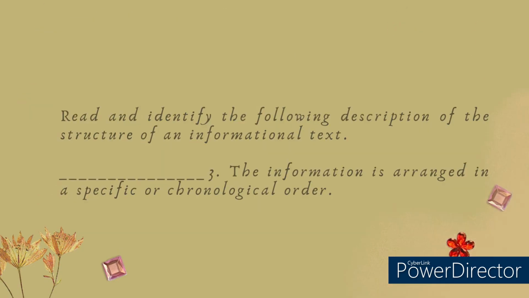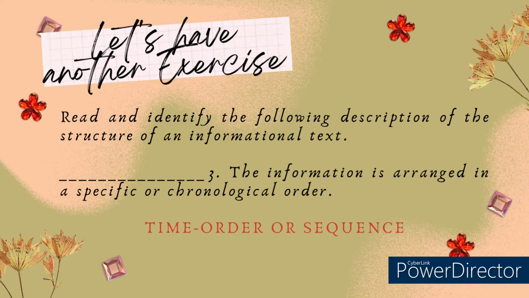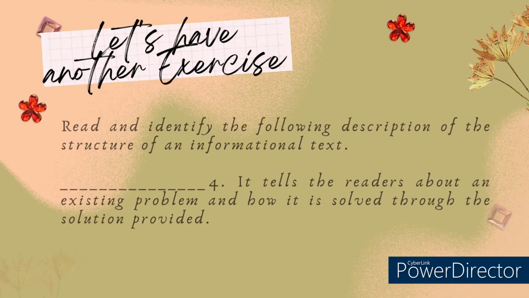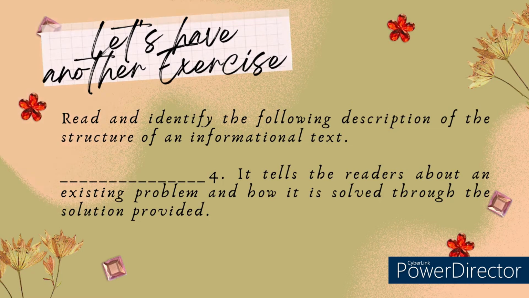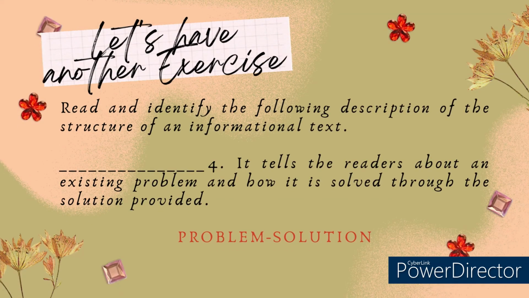The correct answer is time order or sequence. Number 4. It tells the readers about an existing problem and how it is solved through the solution provided. The correct answer is problem solution.